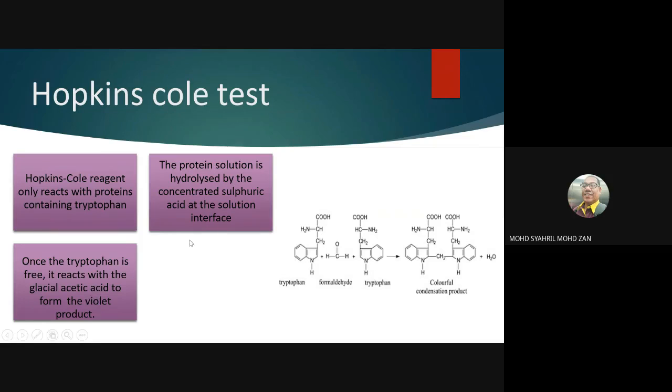The protein solution is hydrolyzed by the concentrated sulfuric acid at the solution interface. When we break down the protein, tryptophan is released, and it combines with formaldehyde. So hydrolysis of the proteins happens here, and when we combine the two, condensation, we get violet products.